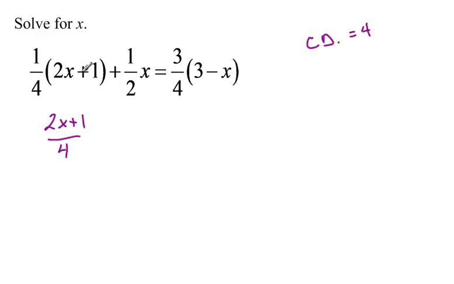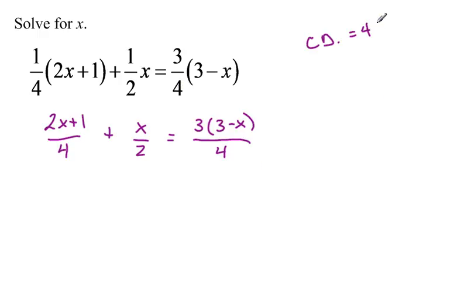Because when we multiply here, we multiply our numerators, and there's no denominator on this, so it's 4 times 1. This next one can be written as x over 2. And our next one can be written as 3 times 3 minus x all over 4. So we multiplied our numerators, 3 times 3 minus x, and the only thing on the bottom is a 4.